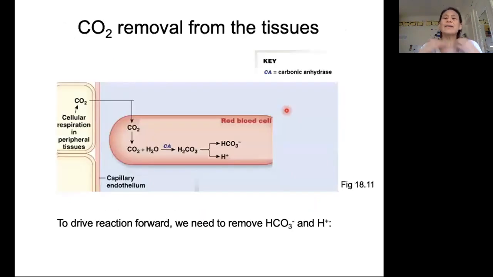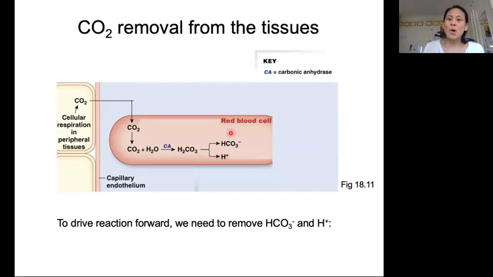Let's take a look at what happens with CO2 in the tissues. This is basically illustrating the concepts that I went over in the previous slide. In the tissues, we're producing CO2. We want to get that CO2 into the blood and carry it away from the tissues so that we can exhale it from our bodies.